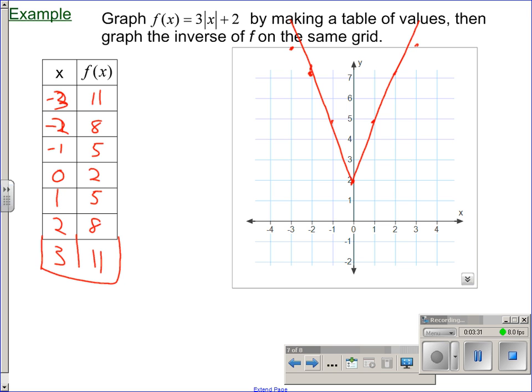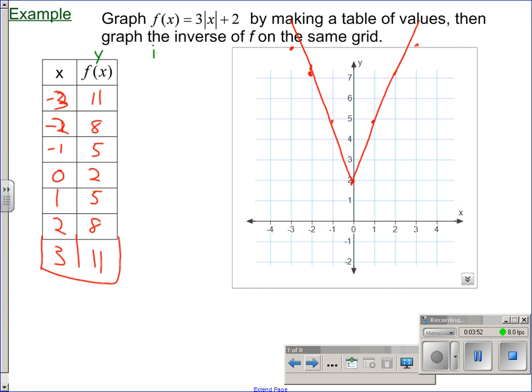But we also want to graph the inverse of f on the same grid. Now, you can try to reflect this over that line y equals x, but there is an easier way. Remember, when you do that reflection over the line y equals x, you take the y values and the x values and you switch them.